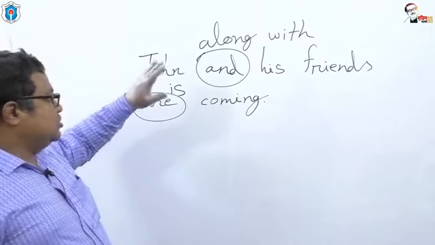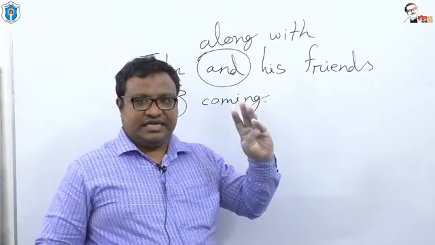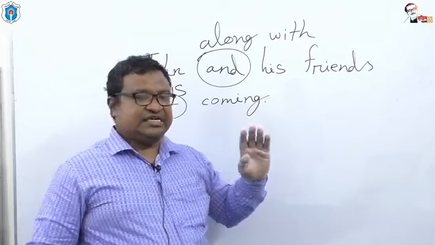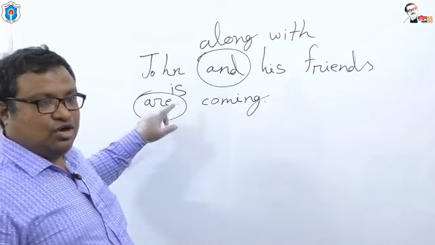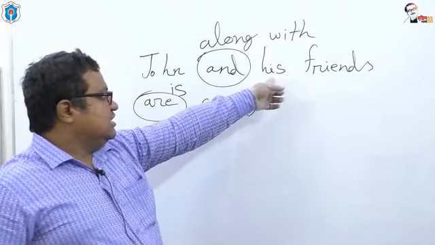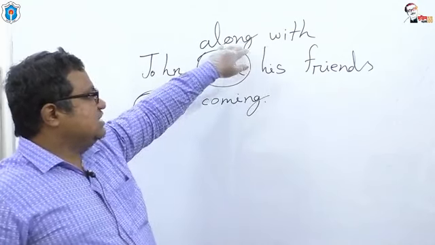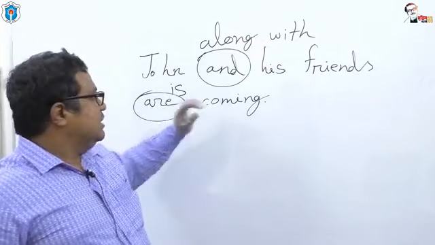Why? Because when I am using the phrases like along with, together with, as well as, in that case the verb will be singular. The verb will be always singular, even though we are using plural number after these phrases like along with, together with, etc.